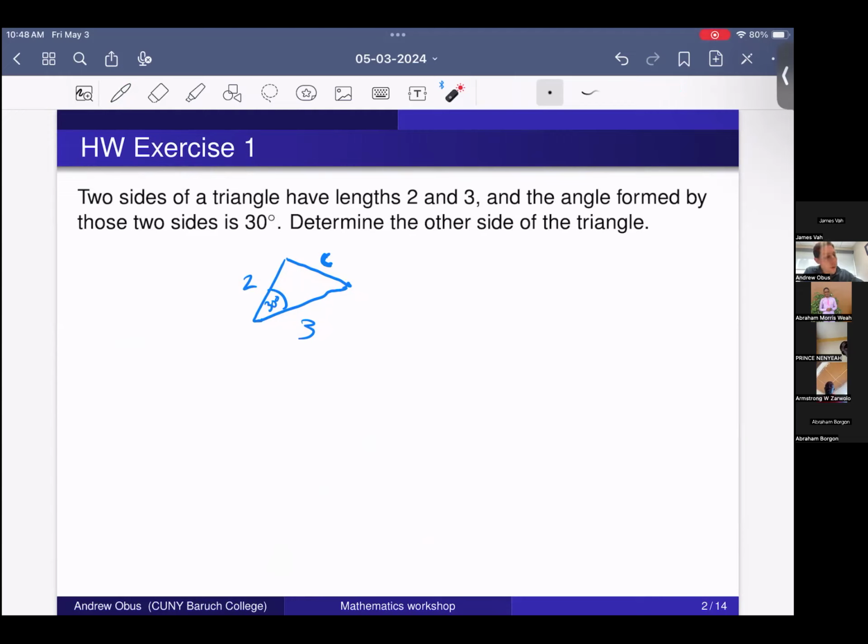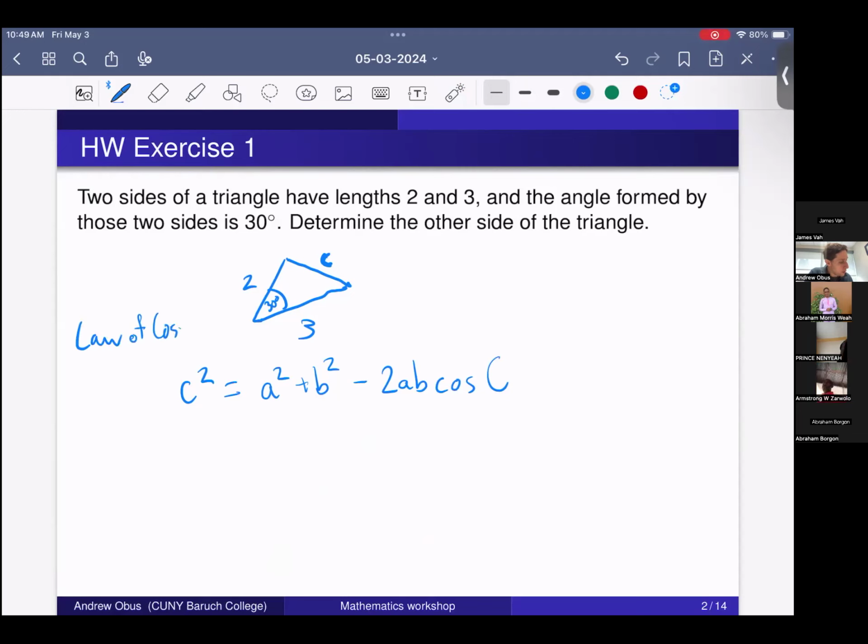Let's say c squared is equal to a squared plus b squared minus 2ab cos C. Exactly. Now what do we plug in here?